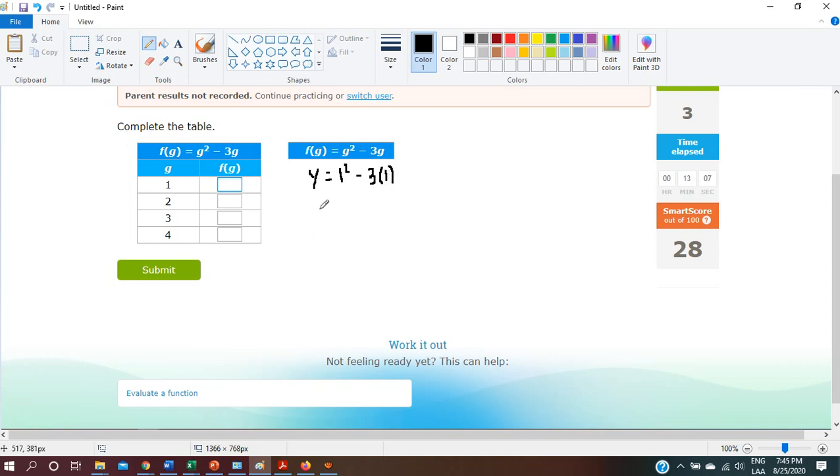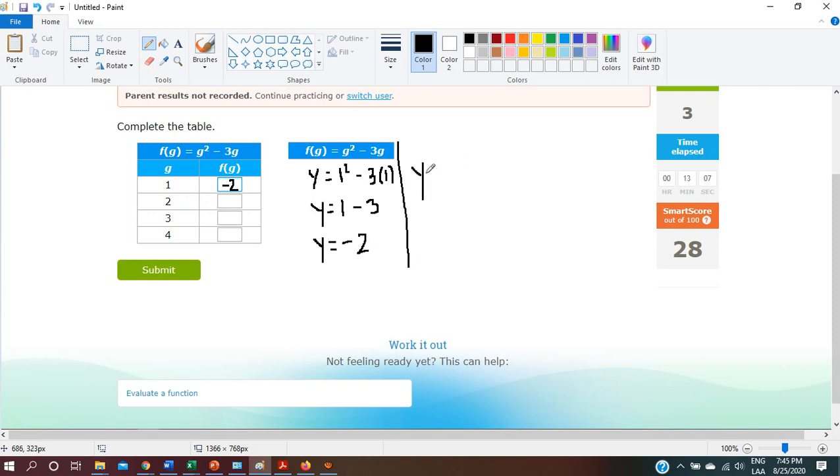Okay, so y equals 1 squared equals 1 minus 3 that multiplies 1, 3. So y equals 1 minus 3 equals -2. Okay, so here our answer is going to be -2. Now the next one, piece of cake, right?